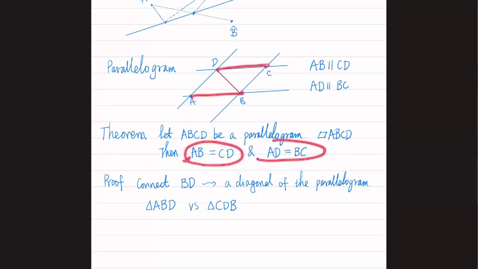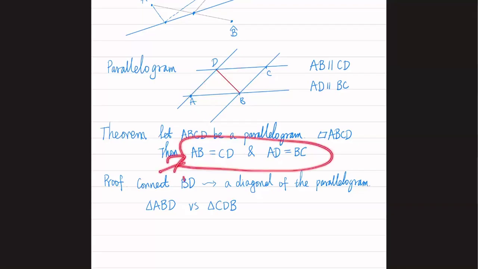We want to prove these two have the same length. If we have proved this, then we can say, okay, side theorem. But we cannot use what we want to prove for the intermediate step. Do you agree with me?